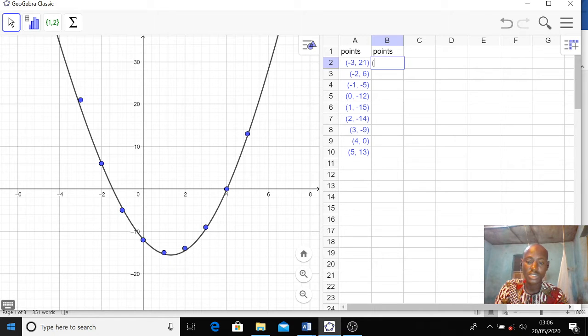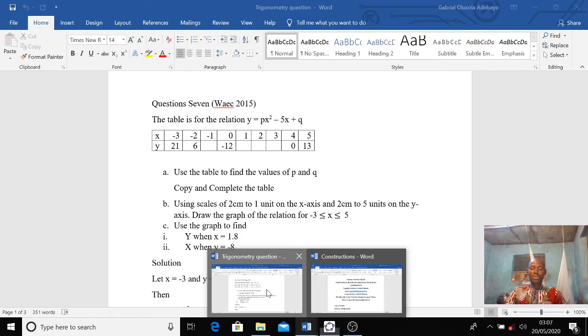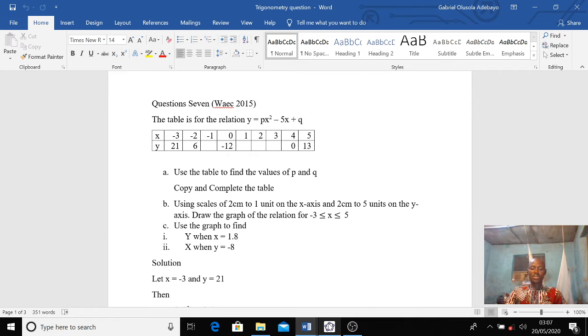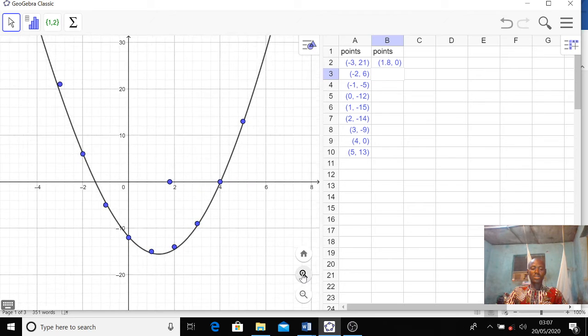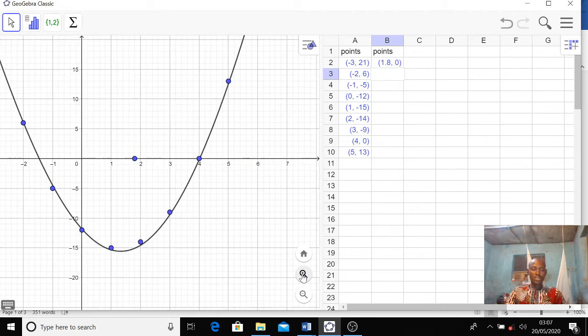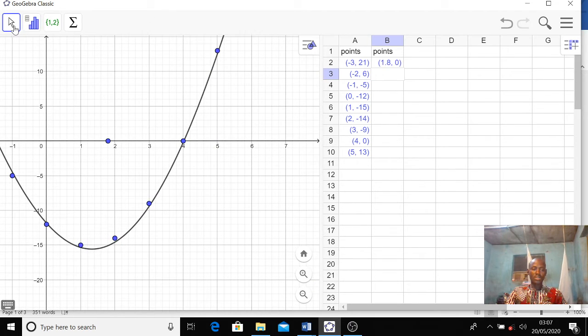X is 1.8, 1.8 comma 0. So you see that we have the point here. So 1.8, we can now zoom it very well so that we know where we are going.